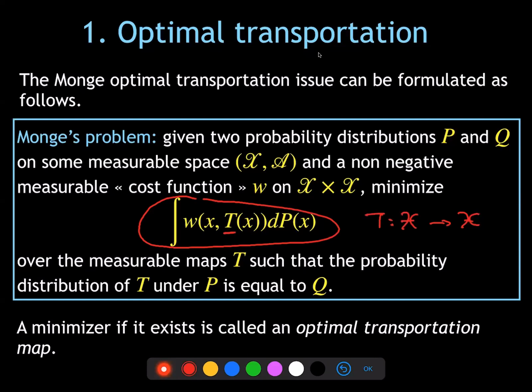Okay, but here it's the same. So you have here a probability distribution which is underlying, which is P, and you want the distribution here of T to be Q if the distribution here is P.